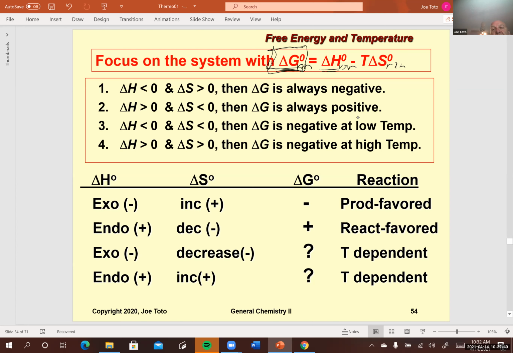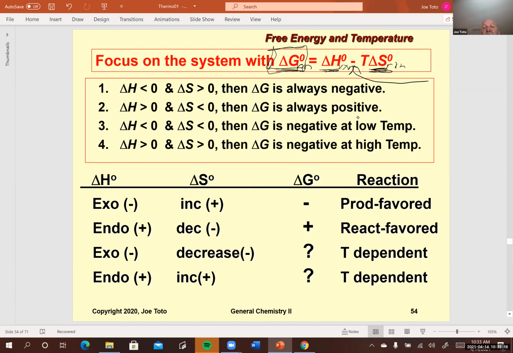You know, what's happening? So I have these two terms, and I see that these two terms, the delta S of the reaction and the delta H of reaction, are going to have their own signs. And I have to also incorporate this sign here, the minus T delta S.